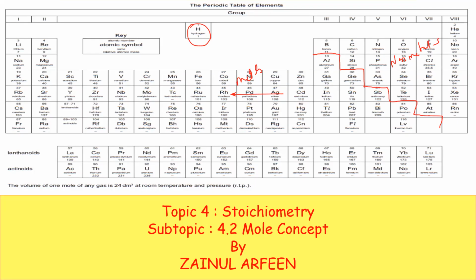So how to write a chemical equation using metals and non-metals? So writing a chemical equation, the first type is one in which two elements are reacting with each other.